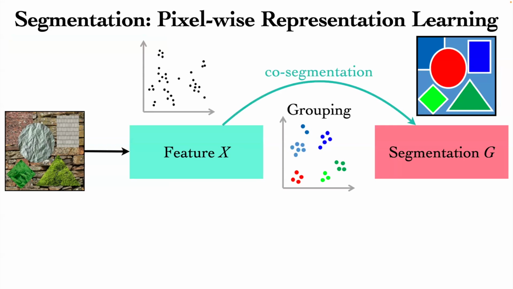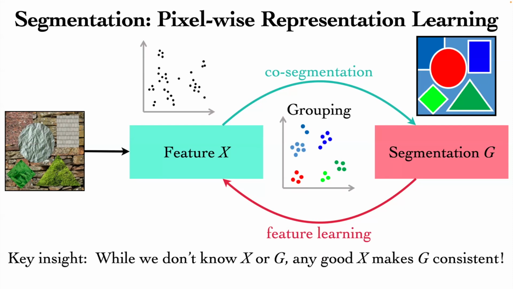If I have segmentation, I can also learn the right feature to support that segmentation. Pixels in the same group should have similar features, and pixels in different groups should have different features.